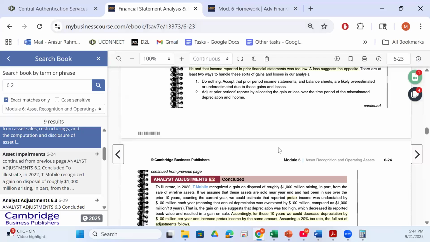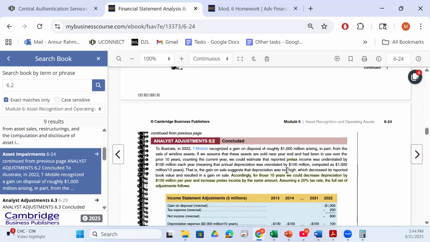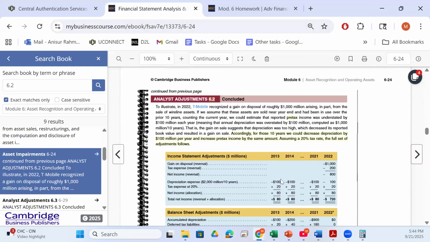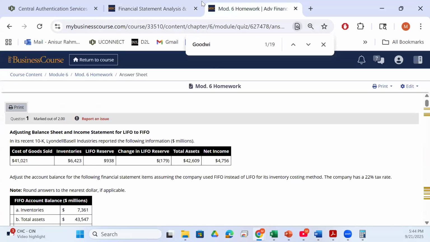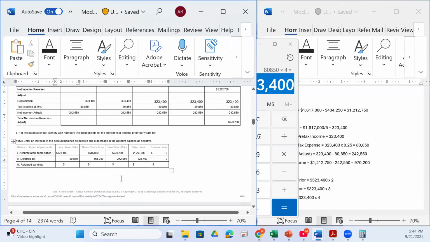again, I strongly recommend you to go over these problem also, because this is on a gain and our problem is about a loss, right? So now this will be our tax expenses.